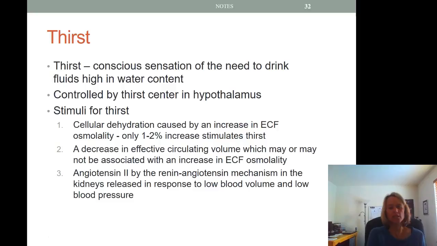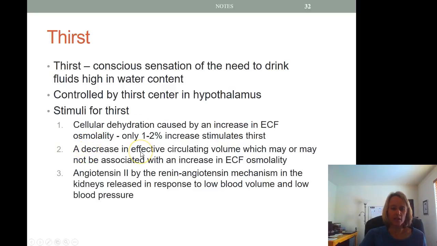So thirst is a conscious sensation of the need to drink fluids high in water content. This is controlled by that thirst center in the hypothalamus. As I mentioned, we only need about a 1 to 2% increase in extracellular fluid osmolality to stimulate thirst.